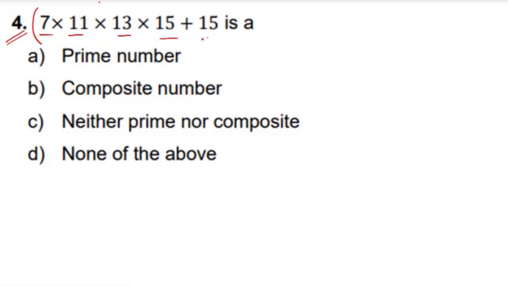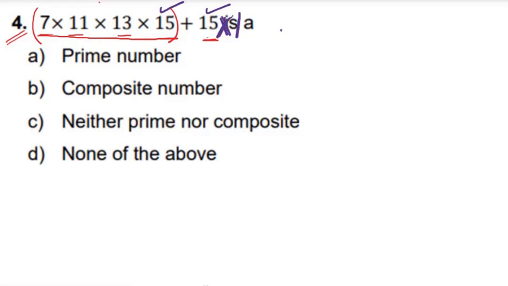So we'll keep these numbers in one bracket, and this is the second part of the number. What you can see common in both the terms is this 15. So we can write 15, and here 15 times 1.